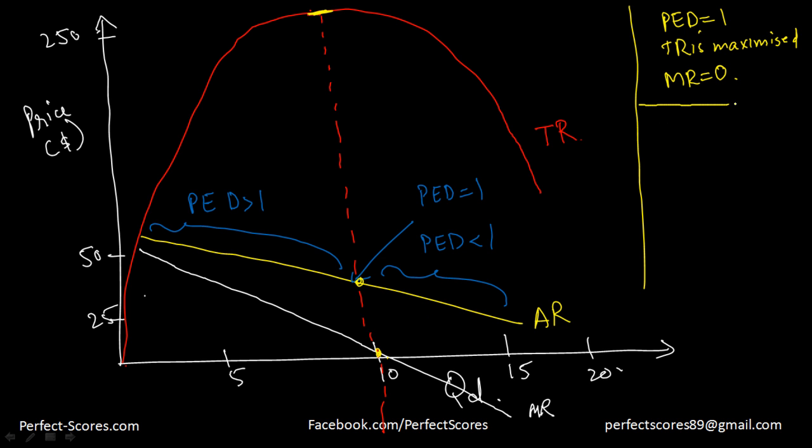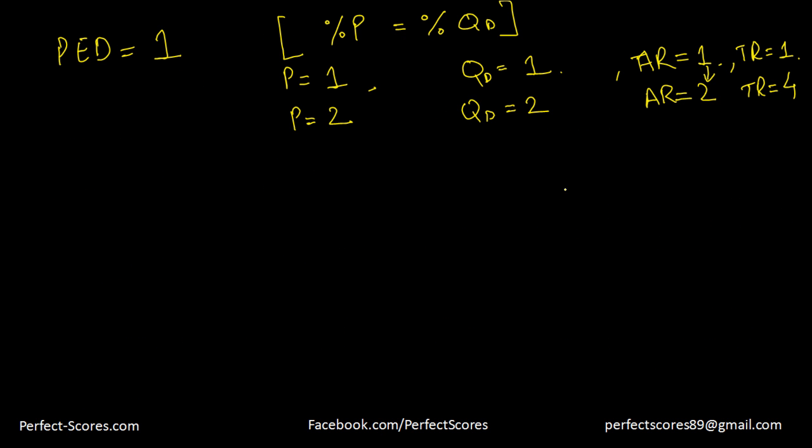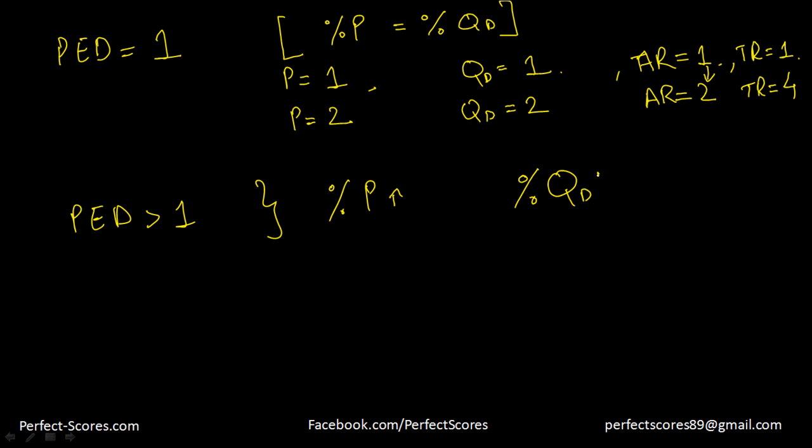Now let's talk about the next thing. That is when price elasticity of demand is greater than 1, which is this case over here. Now a little change in price will bring a bigger change in quantity demanded.